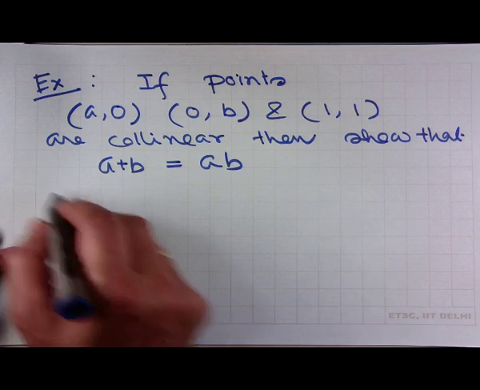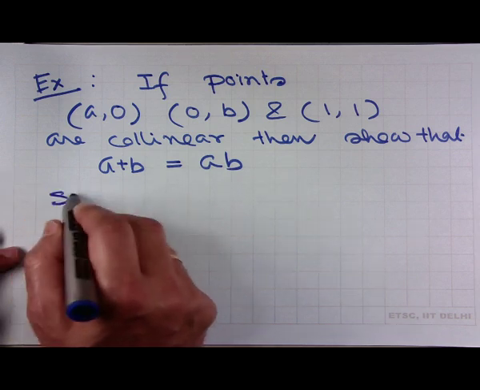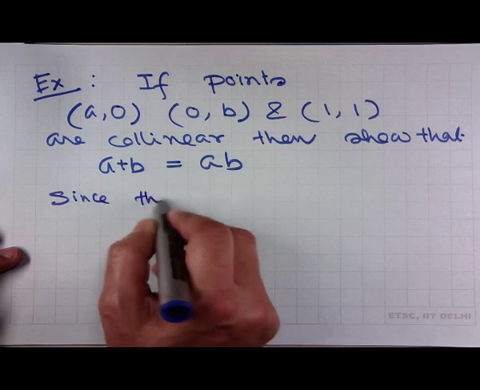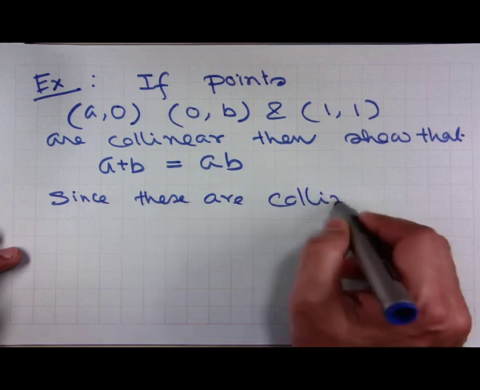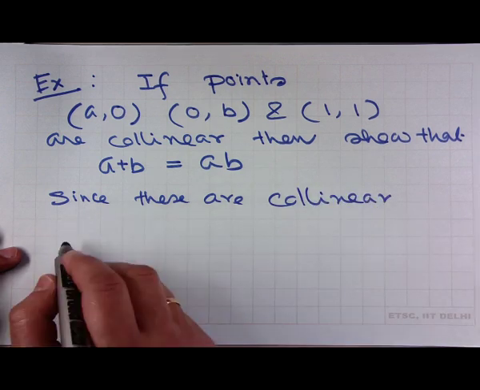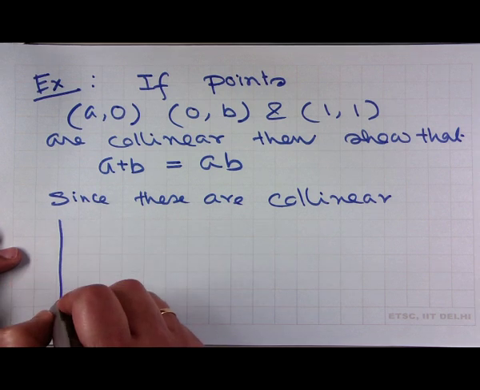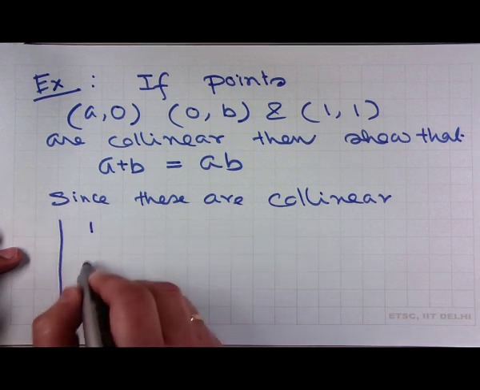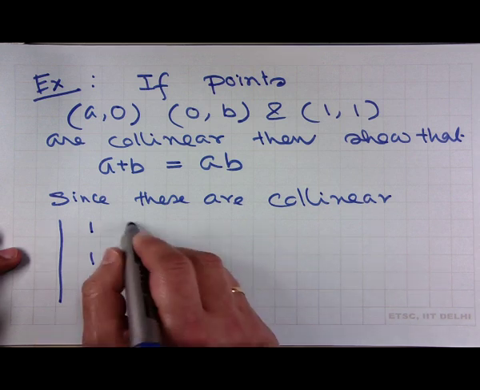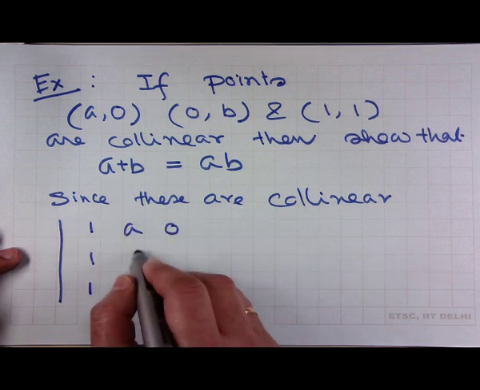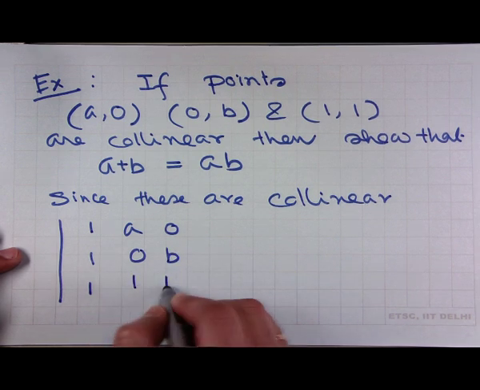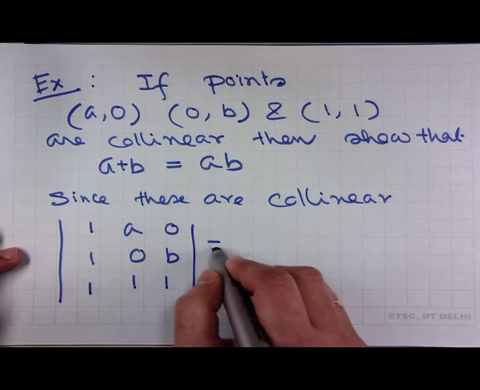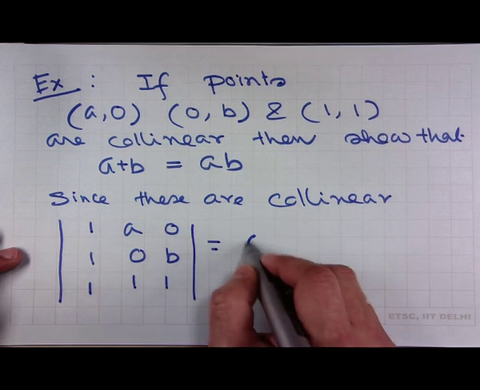Since these are collinear, we know the determinant of [1 1 1; A 0 0; B 1 1] is equal to 0.